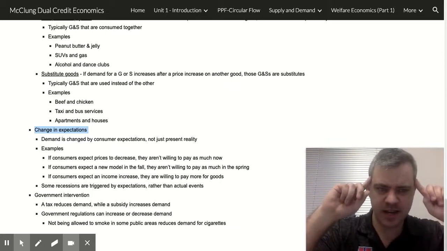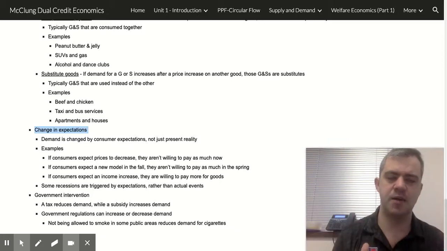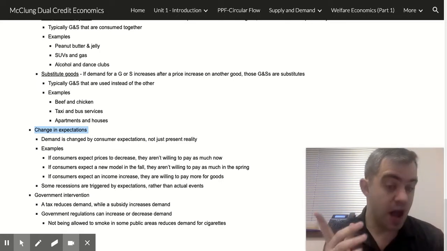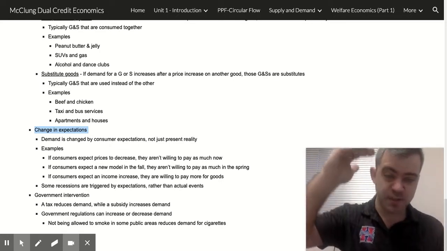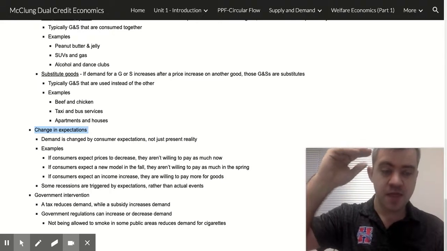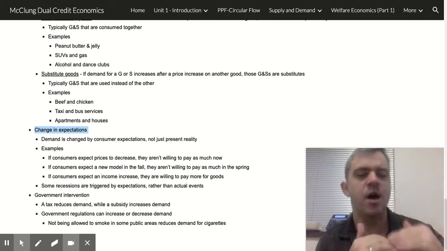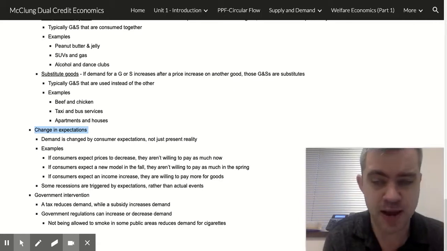Why? Because they have this expectation that the price is about to come down. So they're going to decrease their demand. The opposite is also true. If they think that the price is about to shoot up, then demand is going to increase right now because they'd rather buy it now than buy it at that higher price.